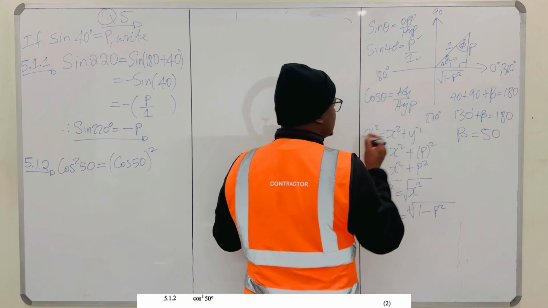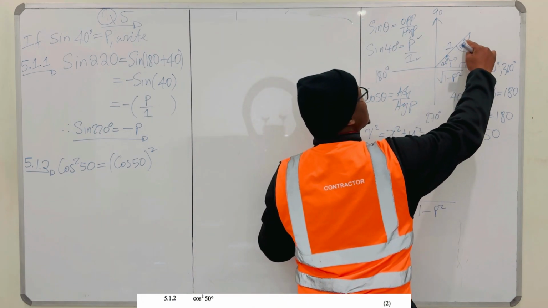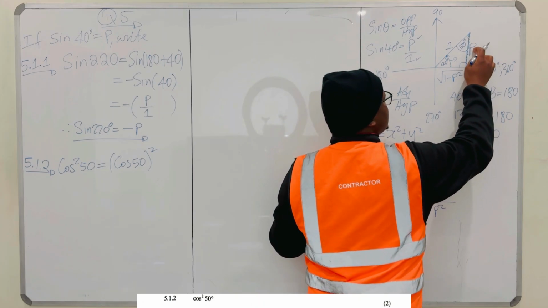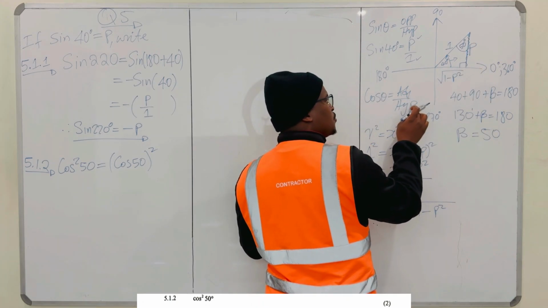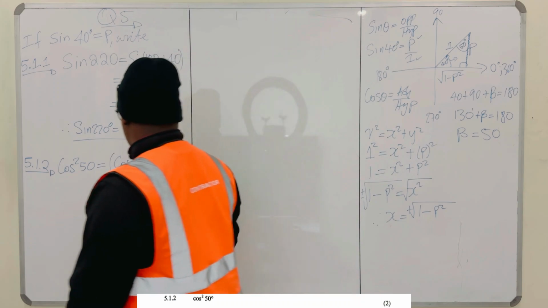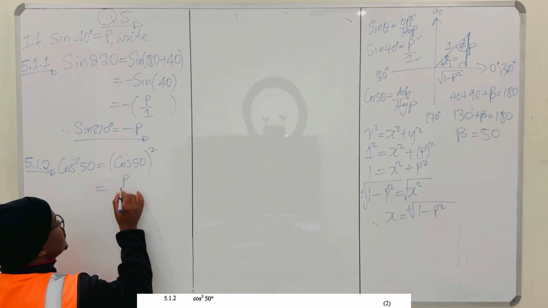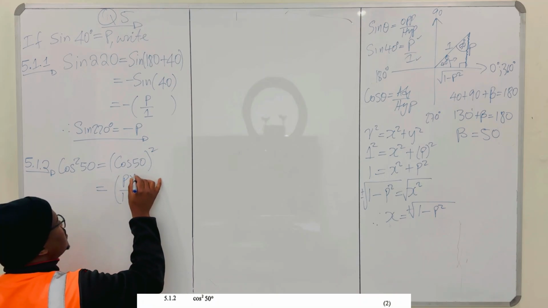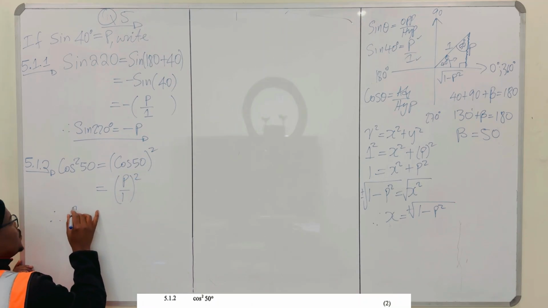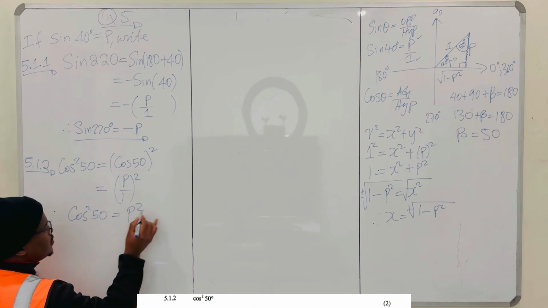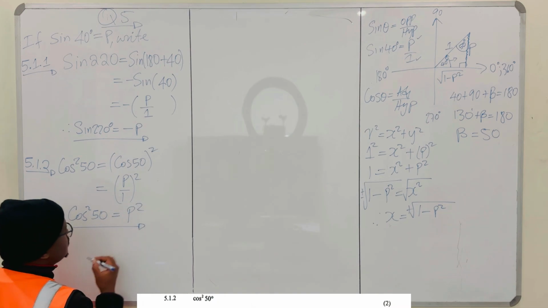So if you have 50 degrees, the adjacent side is this side here, p, over the hypotenuse, which is 1. So it's p over 1 all squared. Therefore, your cos squared 50 degrees is equal to p squared. We're done with this one.